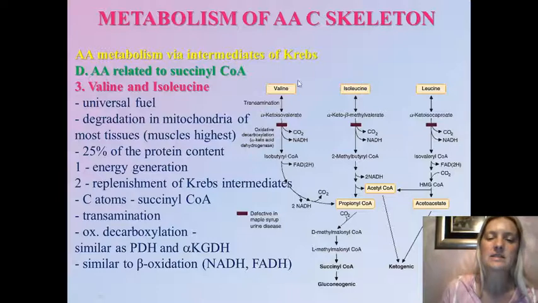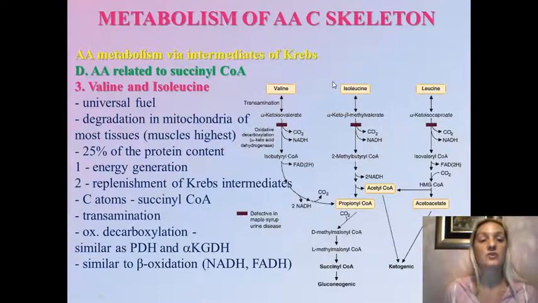Those amino acids are considered to be universal fuels. So they degrade in mitochondria of most tissues, but the highest activity and highest degradation of those amino acids is observed in muscles.